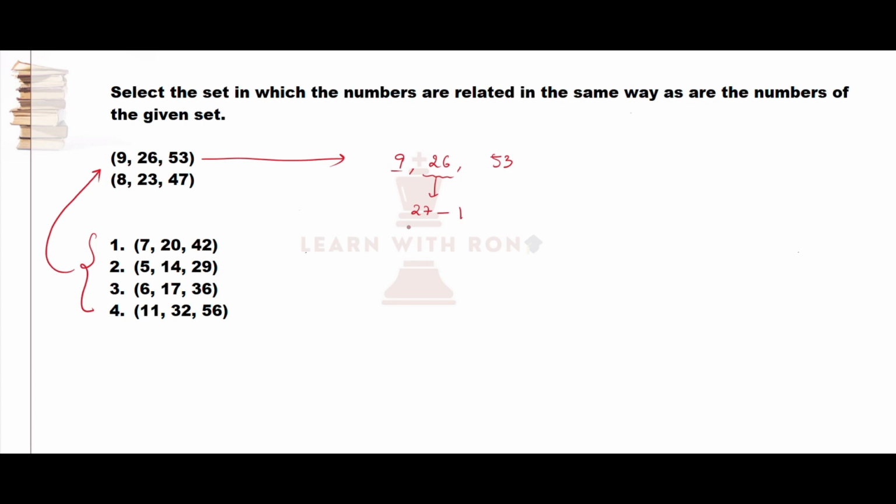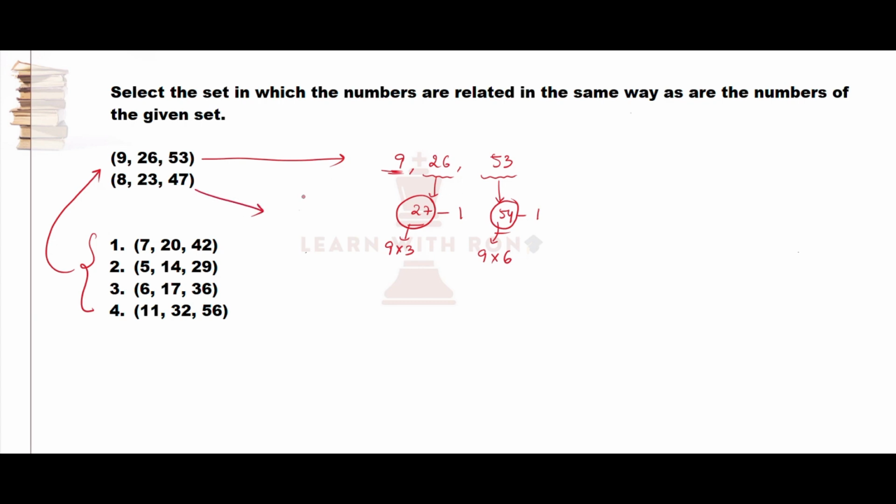And if you observe 9 and 27, 27 is 9 multiple. So 27 is nothing but 9 times 3. Okay. See the third number here, 53. I can write 53 as 54 minus 1, right? And again 54 and 9. 54 is nothing but multiple of 9. Okay, I can write 54 as 9 times 6.